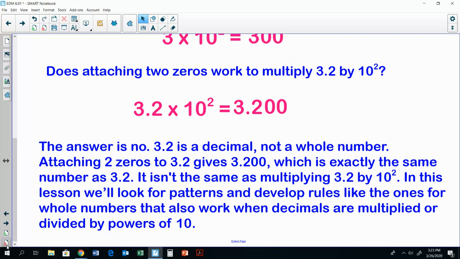Attaching 2 zeros to 3 2/10 gives 3.2000, which is exactly the same number as 3 2/10. It is not the same as multiplying 3 2/10 by 10 to the 2nd power. So in this lesson, we'll look for patterns and develop rules like the ones for whole numbers that also work when decimals are multiplied or divided by powers of 10.